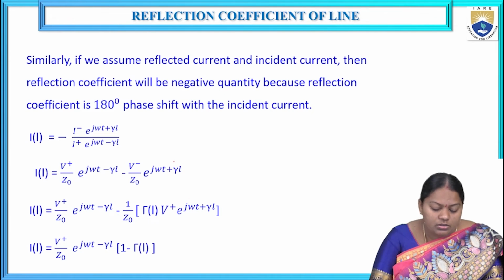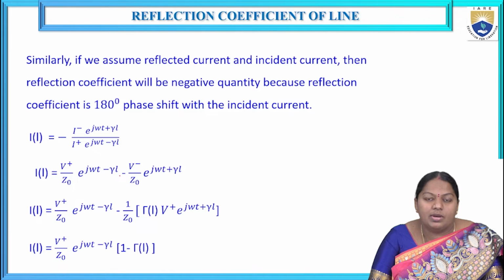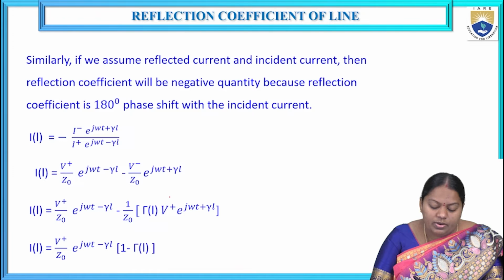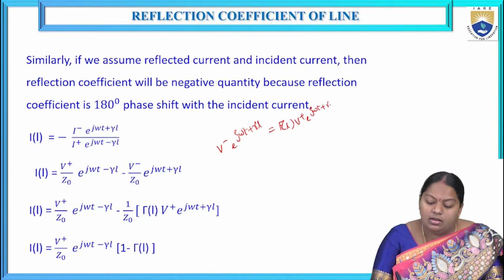Then I of L is equal to, the first term V plus by Z0 into e power j omega t minus gamma L, minus, taking 1 by Z0 and substituting for V minus: in the previous equation we wrote that V minus e power j omega t plus gamma L can be written as gamma of L into V plus e power j omega t plus gamma L.